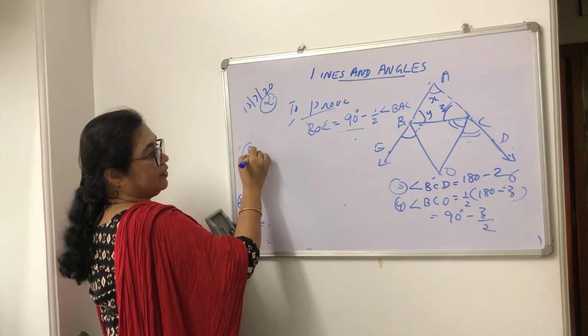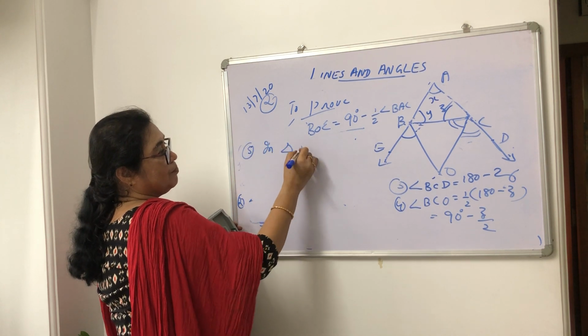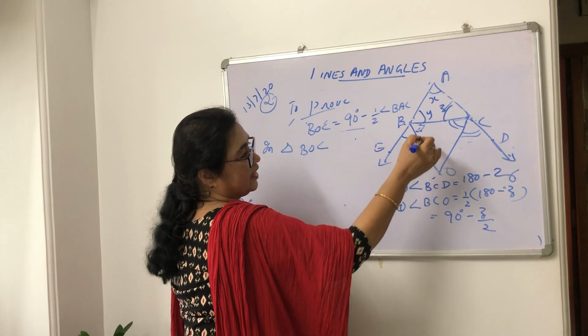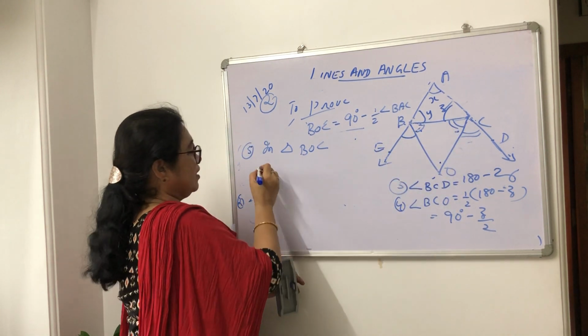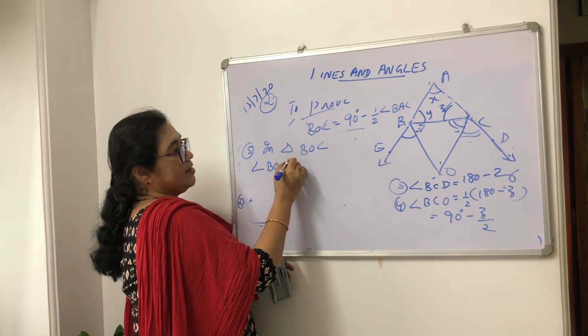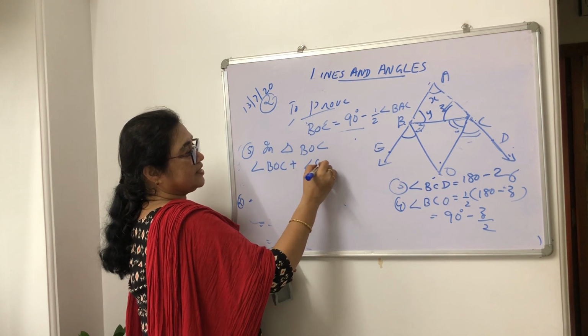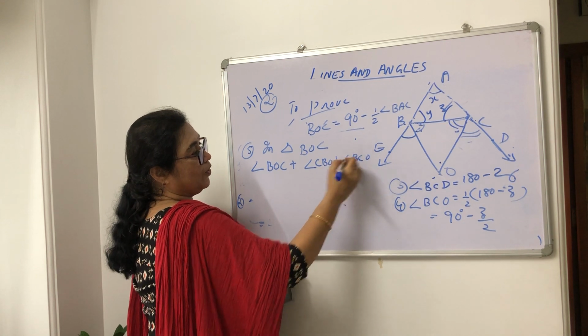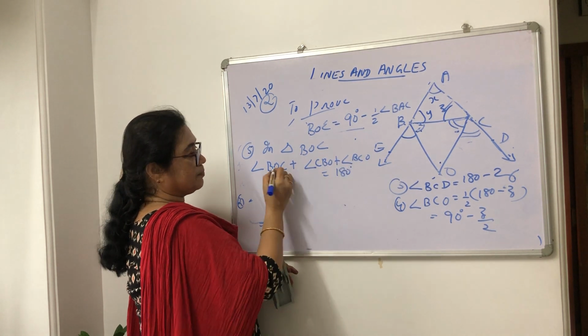So the fifth one: in triangle BOC, the sum of these three angles, angle BOC plus angle CBO plus angle BCO, equals 180, angle sum property.